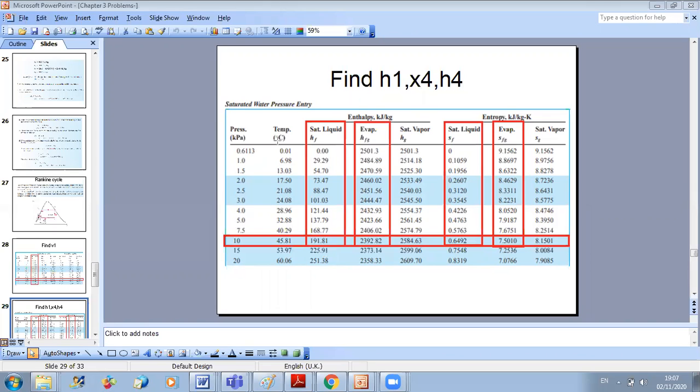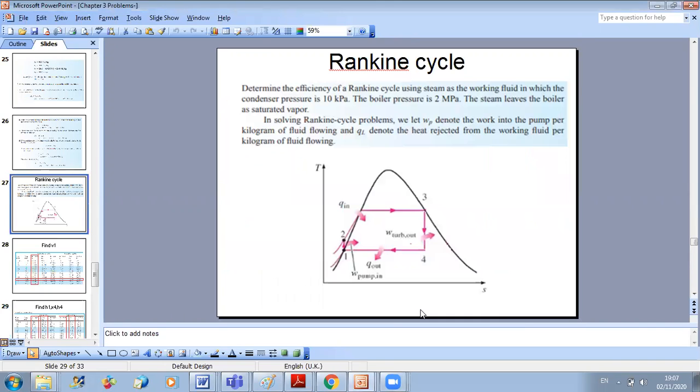But you will see also that we will need this table again. Because we will use this table again to find properties of point 4. Why? Because look, point 4 is on which line? It is on the line of pressure equal to 10 kilopascal. So when we have a pressure of 10 kilopascals and we need the quality, we need the saturated table at 10 kilopascals.